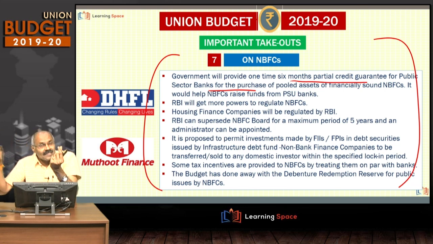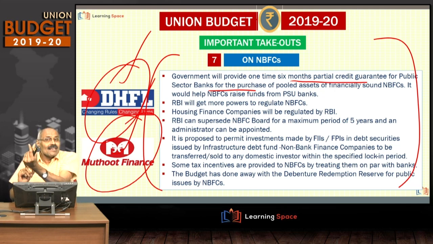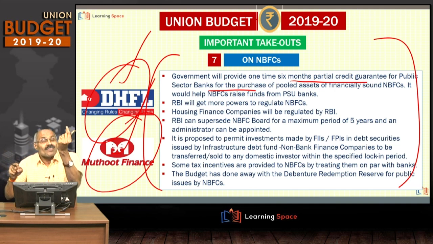That means NBFCs like DHFL, Muthoot Finance, I have taken only as an example, right? Friends, NBFCs have given loans, and now as a one-time measure to infuse liquidity into the system, because NBFCs are suffering from liquidity, what the government has done is public sector banks take over those assets from NBFCs, take over those loans from NBFCs, and the government will give some guarantee.